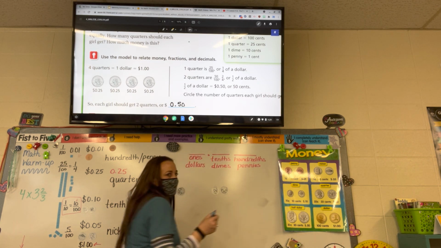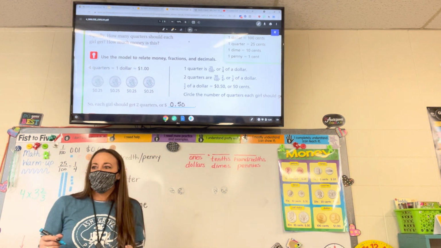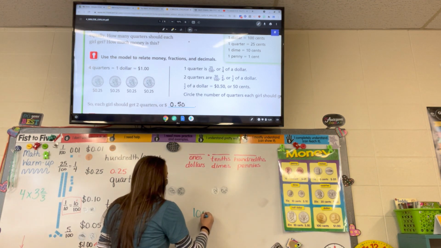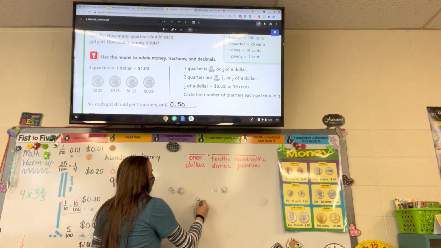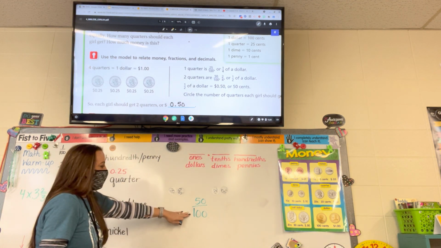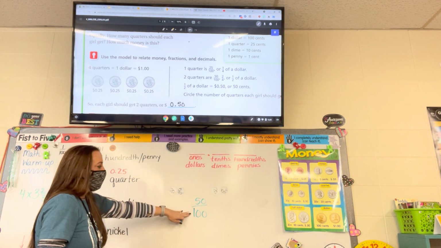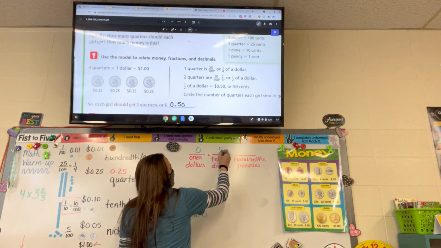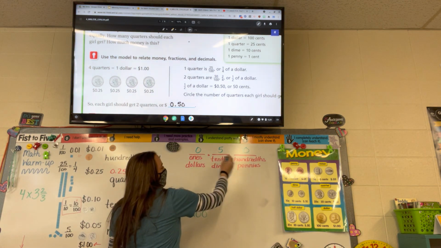And a whole dollar is how many cents? 100. So to write 50 cents as a fraction, it would be 50 out of 100 cents. 0 wholes, 5/10, 0 hundredths, or 50 hundredths.